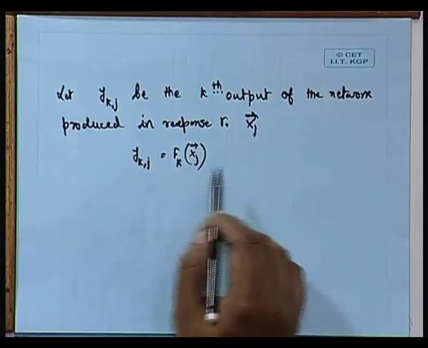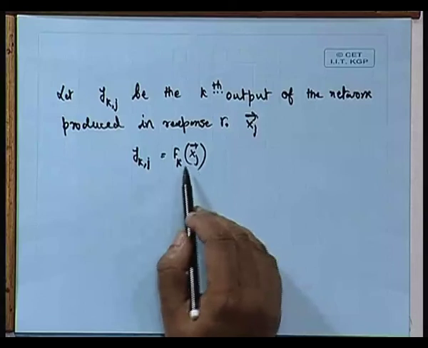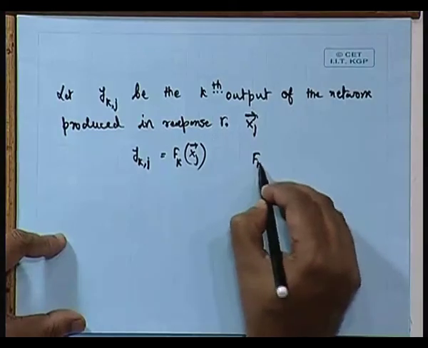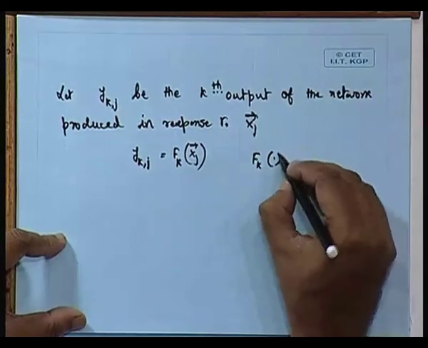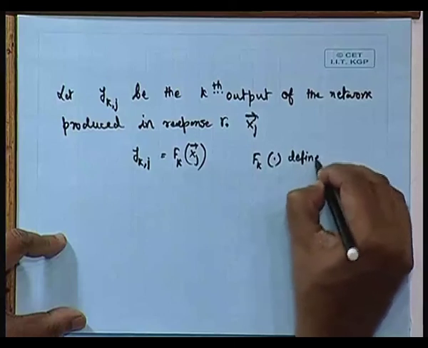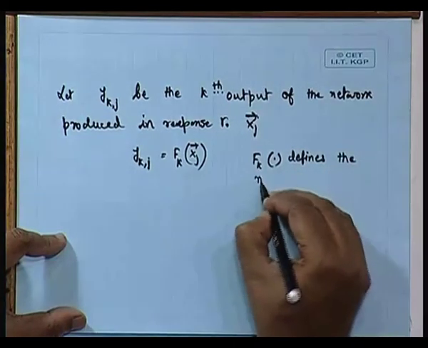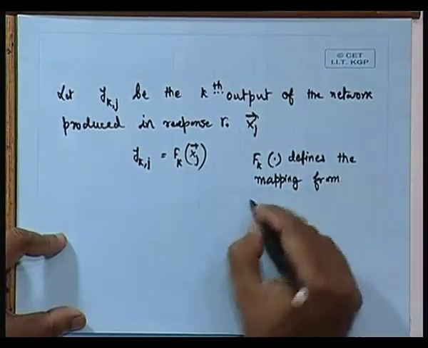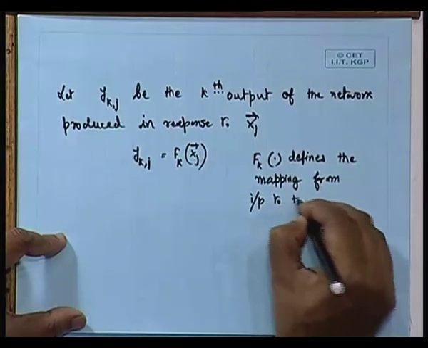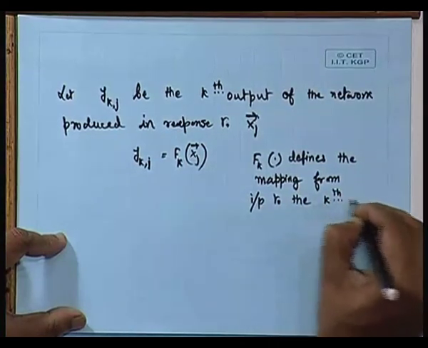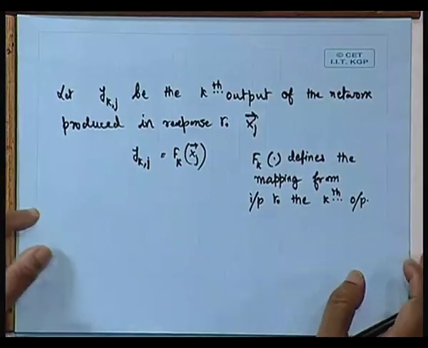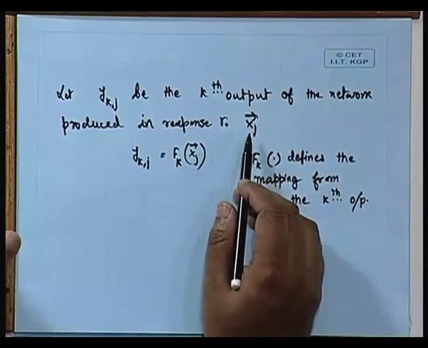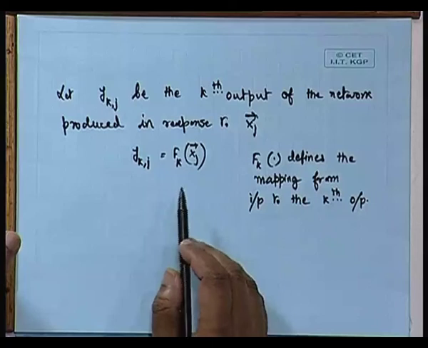So, we are writing it as ykj is equal to fk of xj, where fk defines the mapping from input to the kth output. Now we are feeding the pattern xj and we should be getting m such responses.